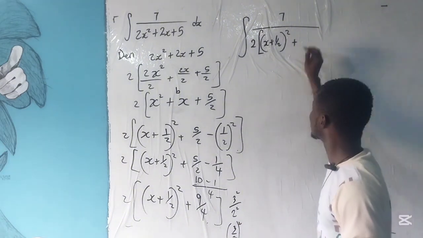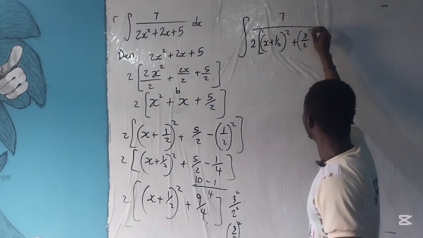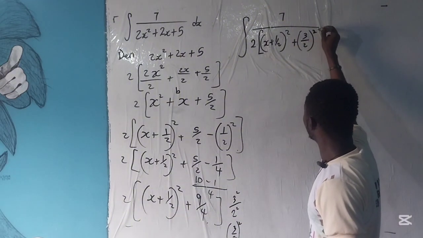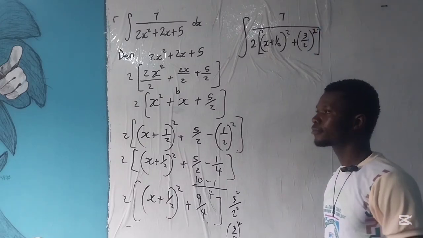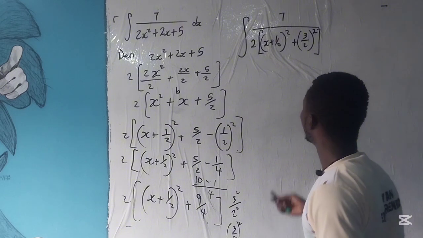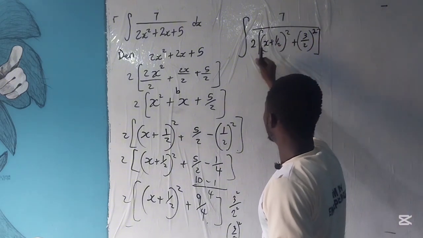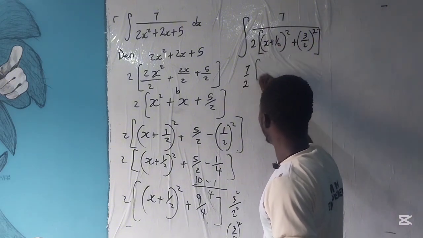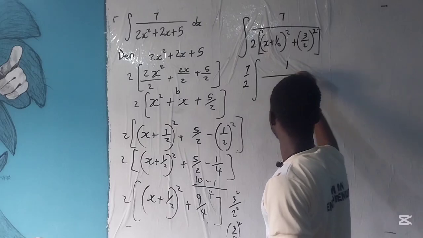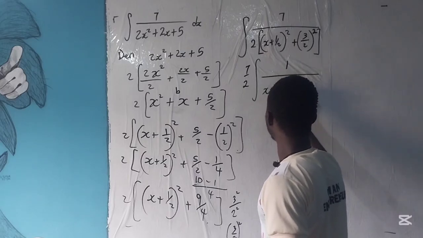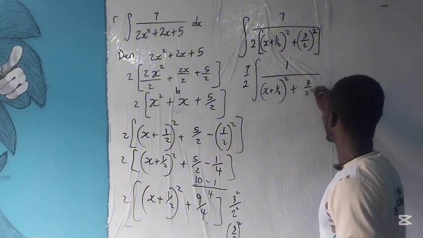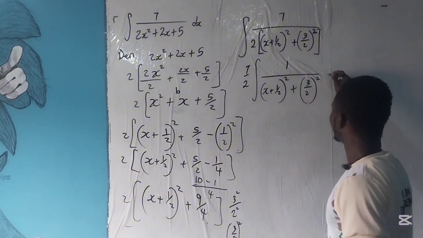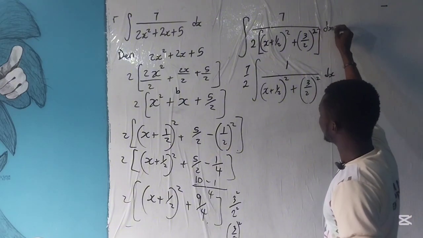Am I correct? Yes. So 3 over 2 squared is the same thing as 9 over 4. Now, if you continue from here, bringing out the coefficients, that means we have 7 over 2 into the integral of 1 over x plus half squared plus 3 over 2 squared dx with respect to x.